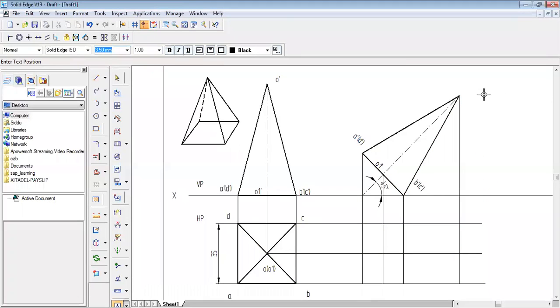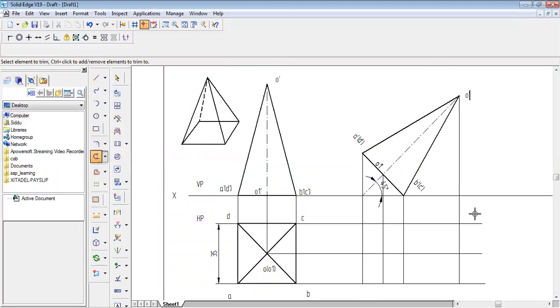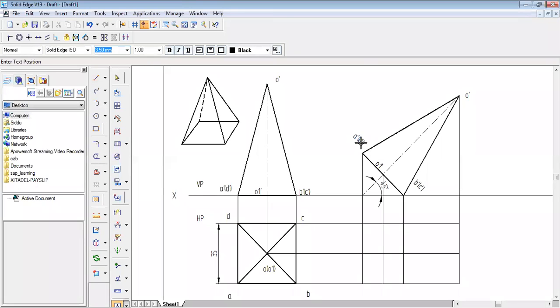Here O dash is missing. It is my O dash, right? So now let us locate all the points, that is A, B, C, D, E. So immediately name it. So this is my A dash and it is meeting here at A. So name it as A. Similarly B, it is going to be meeting at this point, C and D. So A, B, C, D is done.